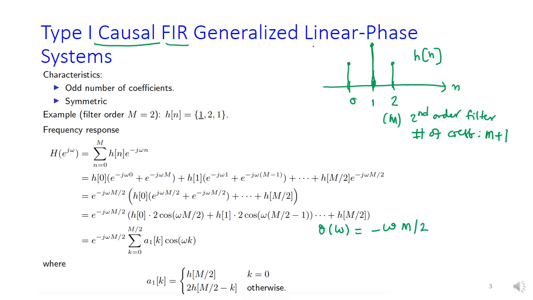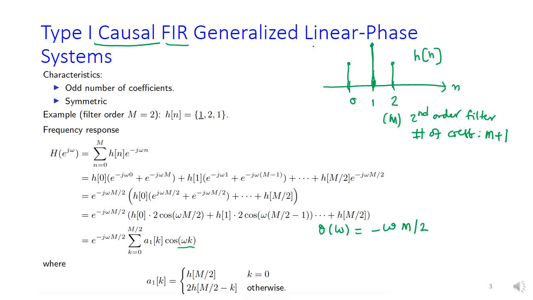It's symmetric about the middle one, so from 0 to M by 2 you simply have omega k here. Note that this is not strictly the amplitude; it would get multiplied by plus or minus 1 depending on whether the cosine is negative or positive. This nicely falls into the generalized linear phase system, right?